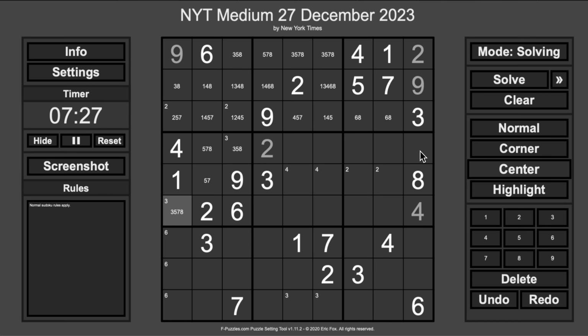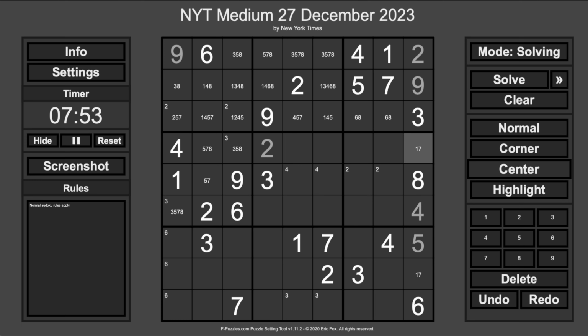Well, let's see. What about column 9? I've got 2, 3, 4, 6, 8, 9. I appear to need 1, 5, and 7, and this one sees 1 and 7. That one must be 5. This is 1 or 7 to go with that being 1 or 7.